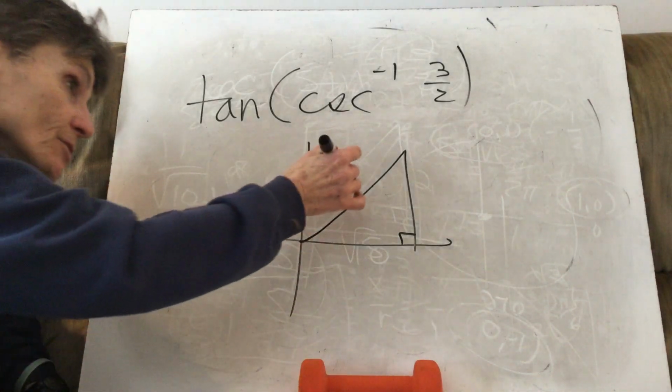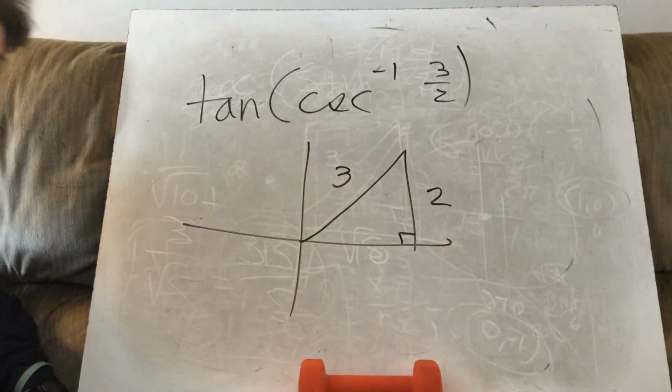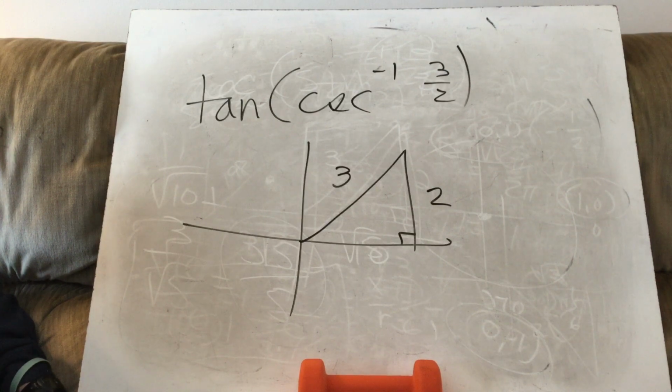Exactly. So hypotenuse is 3 and opposite is 2. I think we just had that triangle, actually. So now we're going to find our third side. We're going to do our Pythagorean theorem.